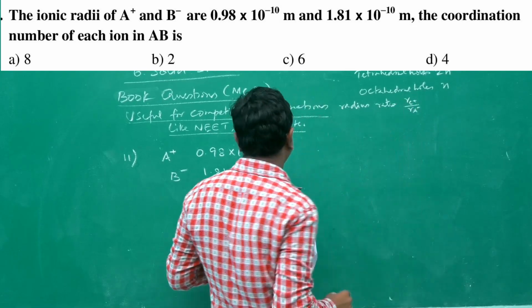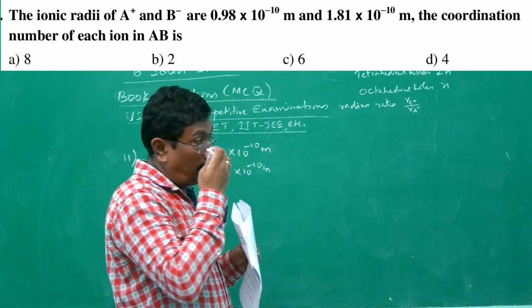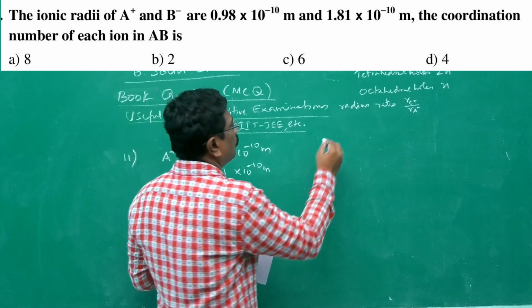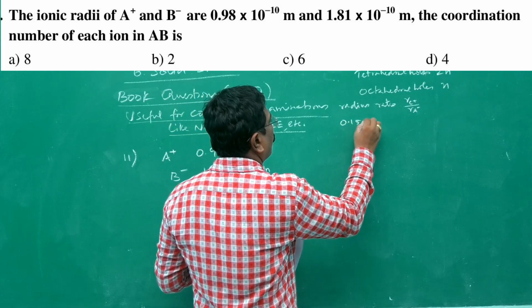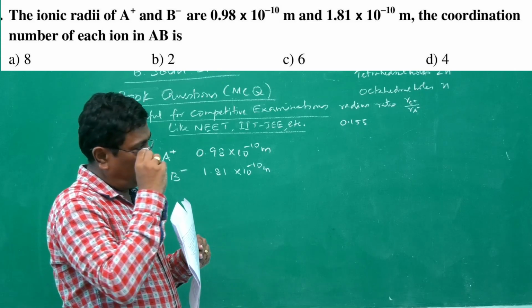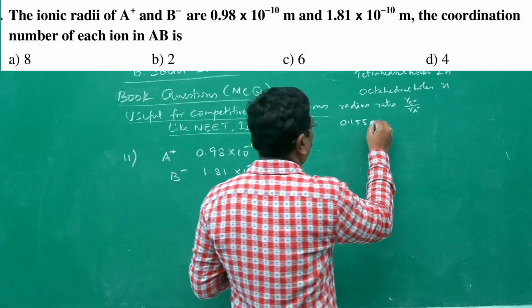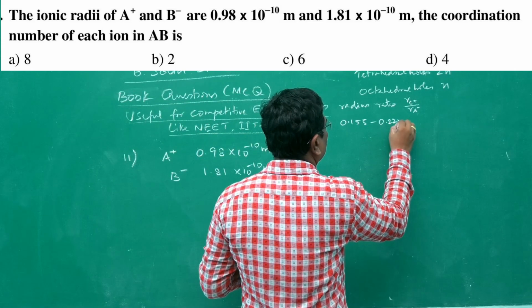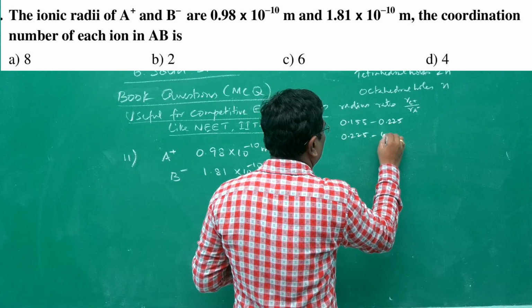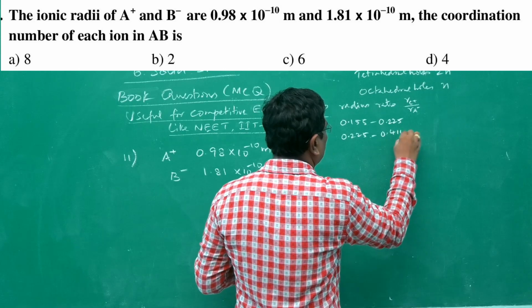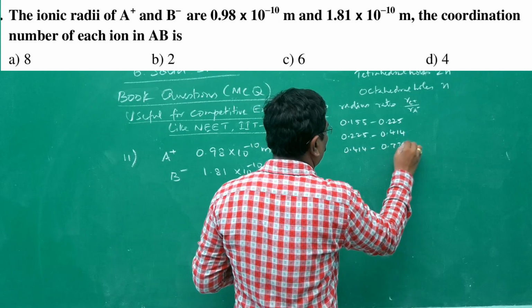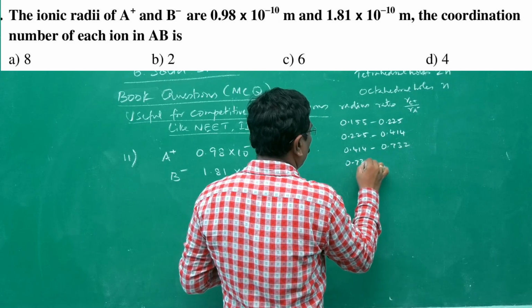Let me write like this. Now for the cation anion radius ratio, starting from the smallest value 0.155 to 0.225, and then 0.225 to 0.414, 0.414 to 0.732, 0.732 to 1.